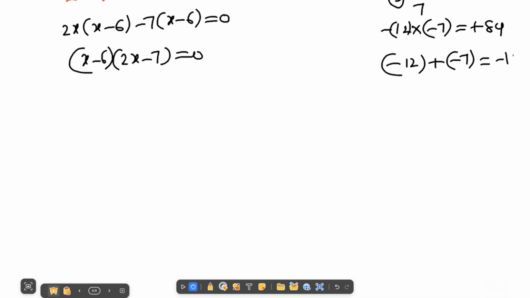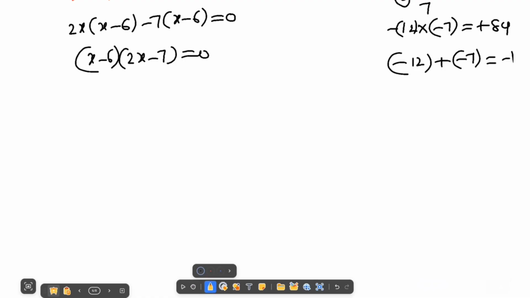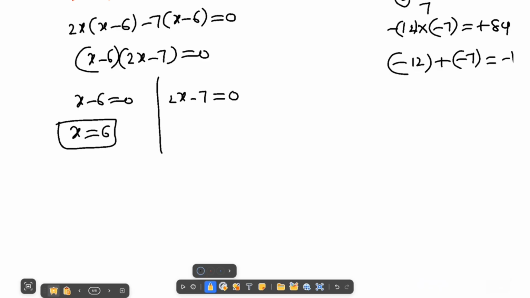So now we can write this as x − 6 = 0 or 2x − 7 = 0. So x = 6, and sending −7 to the right side becomes plus 7, and this 2 to the right side becomes 7 by 2.